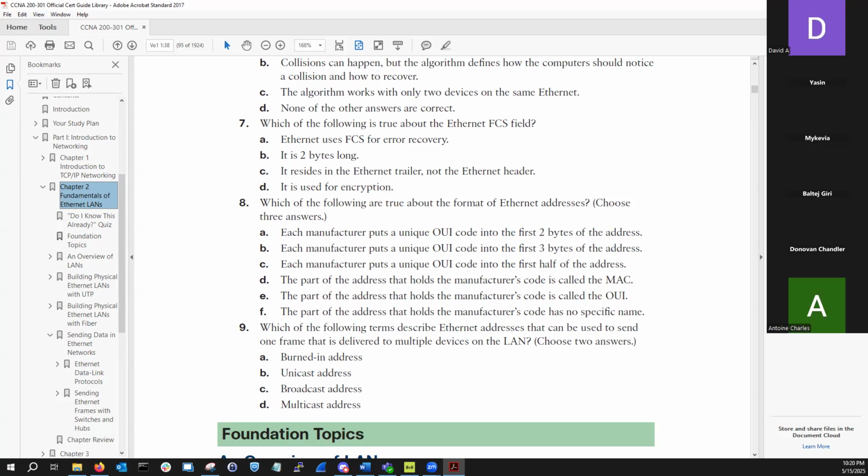So the first 3 bytes of an Ethernet address are from the manufacturer. It's hard coded. I picked D. The part of the address that holds the manufacturer code is called the MAC, which is true.